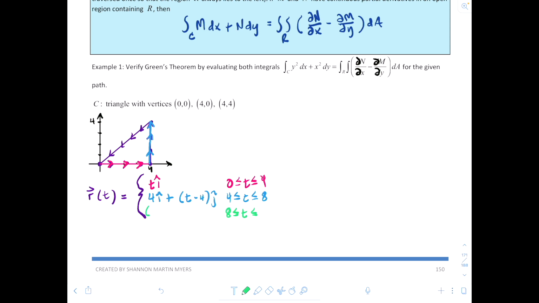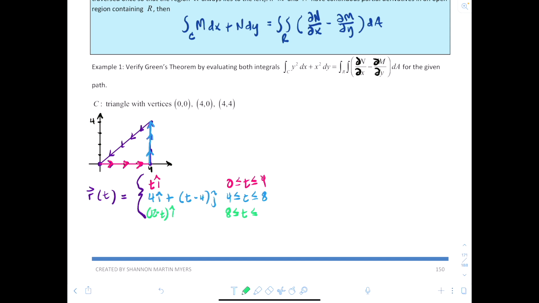We need to get to the point 0, 0 at the very end, and the point has to be 4, 4 at the very beginning. So when I'm looking at 8, if I had 12 minus t times i, and we start at 8, that would be 4i, and that's perfect, right?